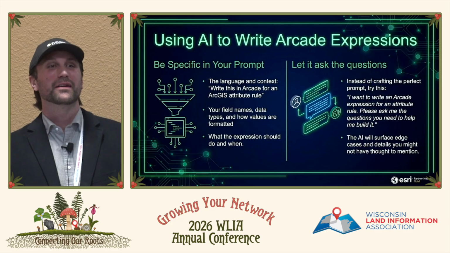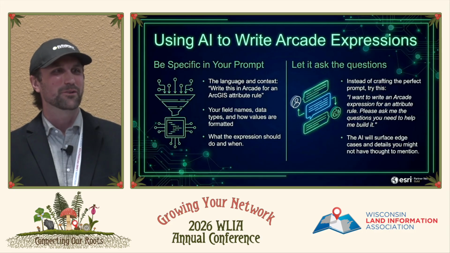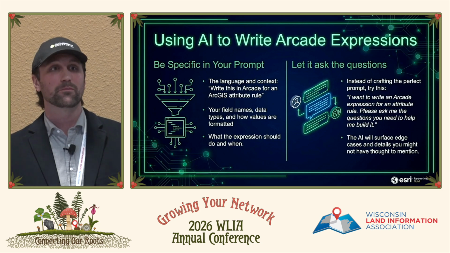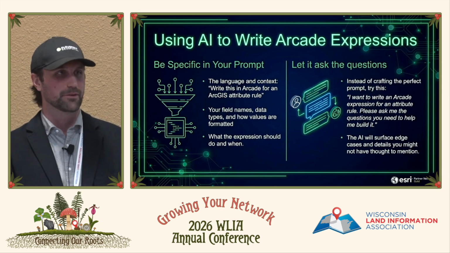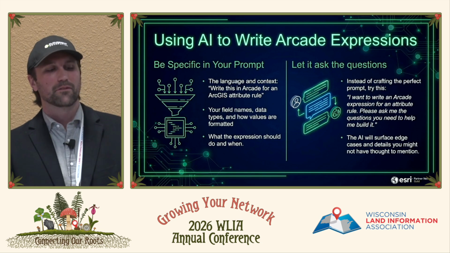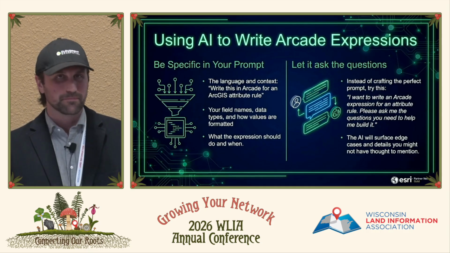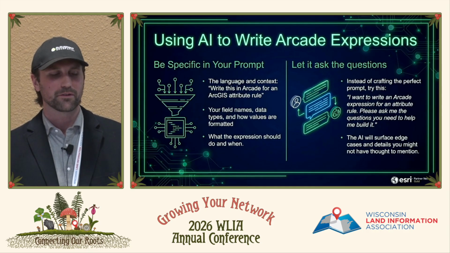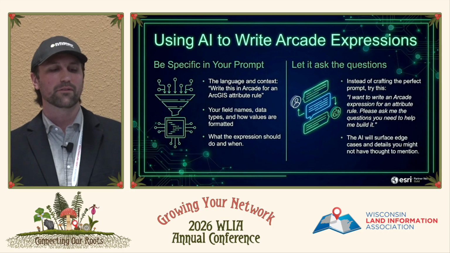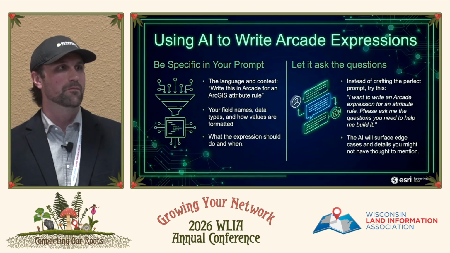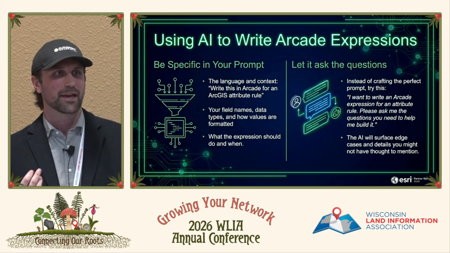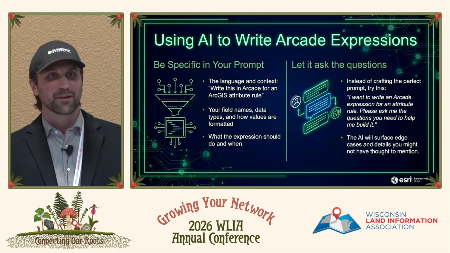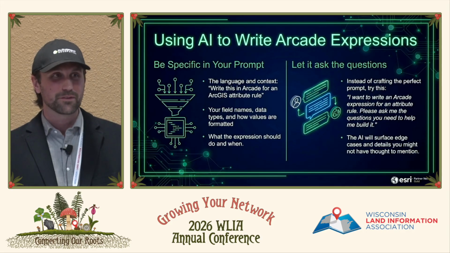Okay, so AI is all the rage. I thought I would talk to you a little bit about how I would use AI to help you build attribute rules. First off, be as specific as you can with what you're asking the model to help you with. If you have an idea for an attribute rule, say, I really wish that this field auto-populated whenever I populate this field.